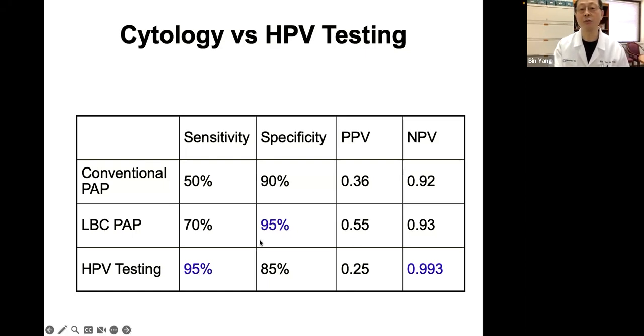So these two, at 95%, really make it clinically very high in sensitivity and specificity. For HPV testing, it's not really important whether they're positive. It's really important whether it's negative. So the negative predictive value is very, very high, especially if you have repeat HPV testing.